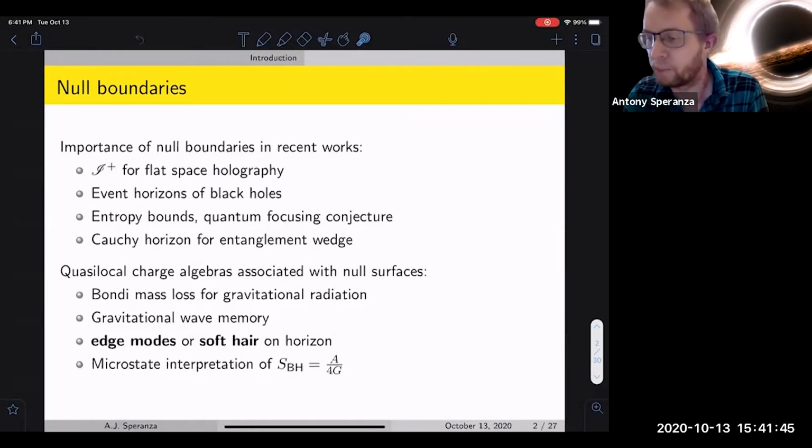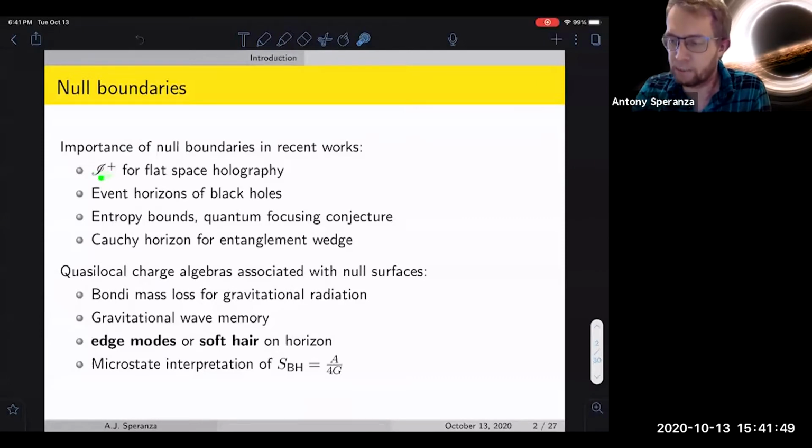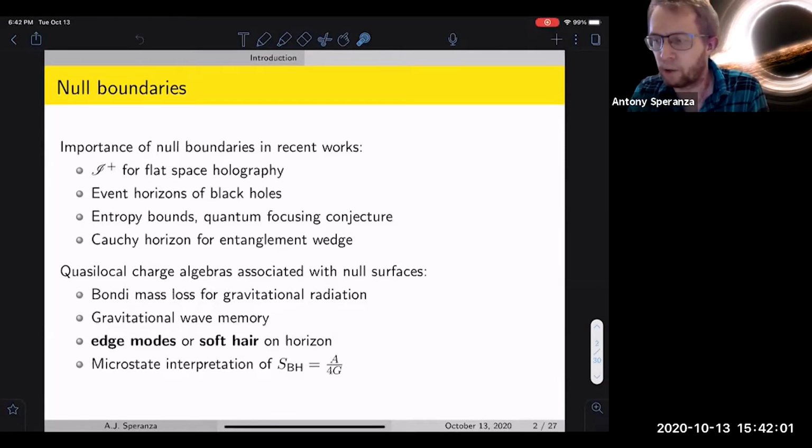Some examples are, when you're doing asymptotically flat space, scri plus is known to be a null boundary, and its properties could be interesting for developing flat space holography. Things like event horizons for black holes, entropy bounds and the quantum focusing conjecture, you're often dealing with null boundaries. Similarly, Cauchy horizons in general, like those bounding an entanglement wedge, are null boundaries. So they come up all over the place in GR.